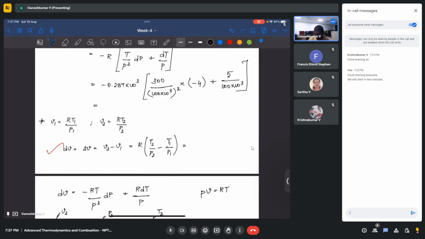So how much is the change in volume coming to? 300 into minus 4 divided by 100 divided by 10 power 6.